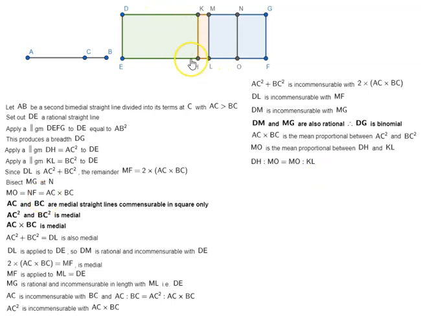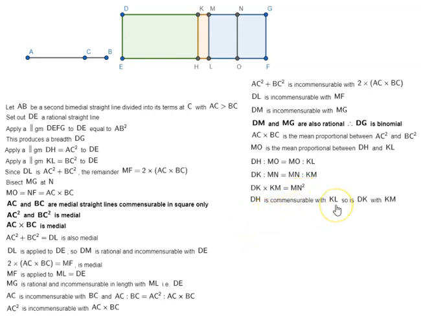Now DH is this area, MO is this area, and KL is this area. That means this proportionality also applies to the bases: DK is to MN as MN is to KM. And this proportionality can be written as DK by KM is equal to MN square.